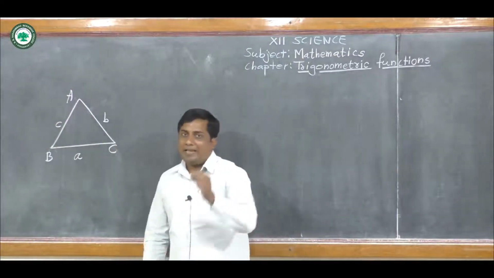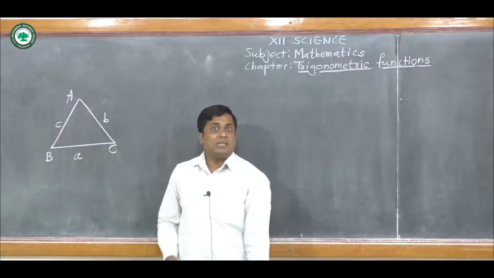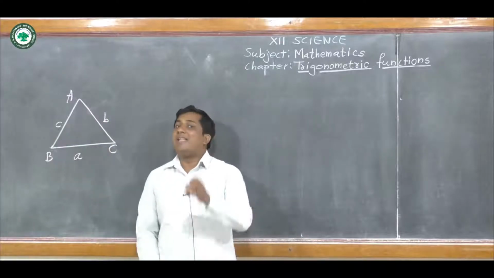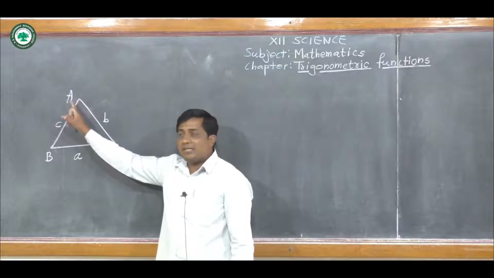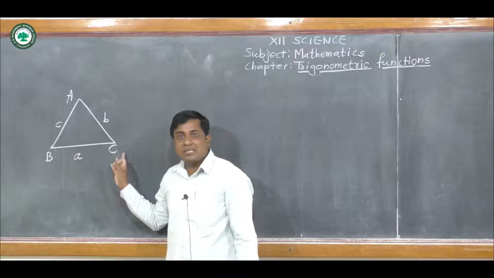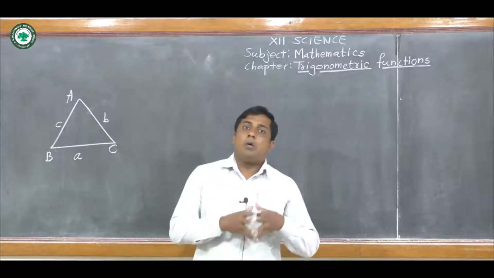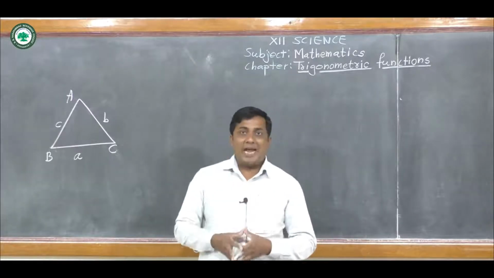Remember, to define the lengths of the sides we use small letters, a, b, c, and to define the angles we use capital letters, capital A, capital B and capital C. By using this concept we define the solution of the triangle.